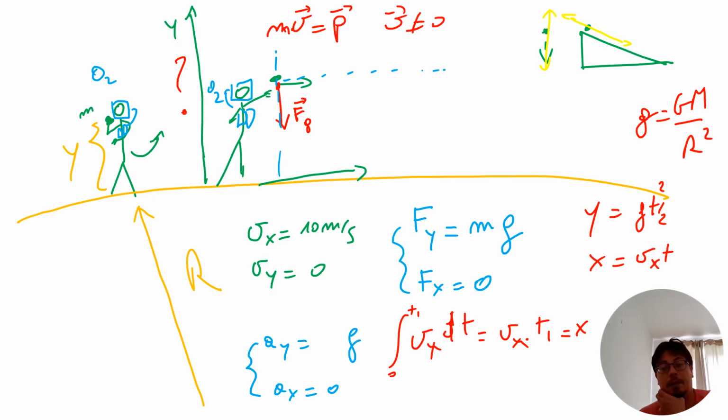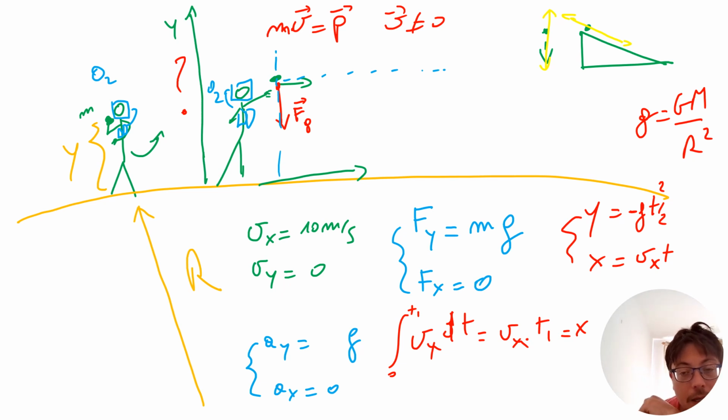Okay, so as you can see, if we put them together, and actually yes, we should put the minus here, because the force is going downwards. And as you can see, this is a parabola, right?